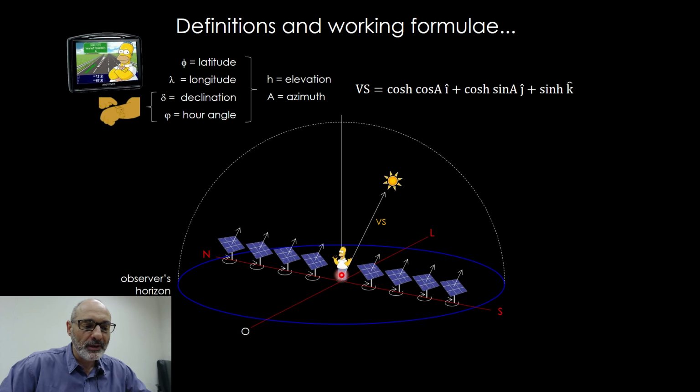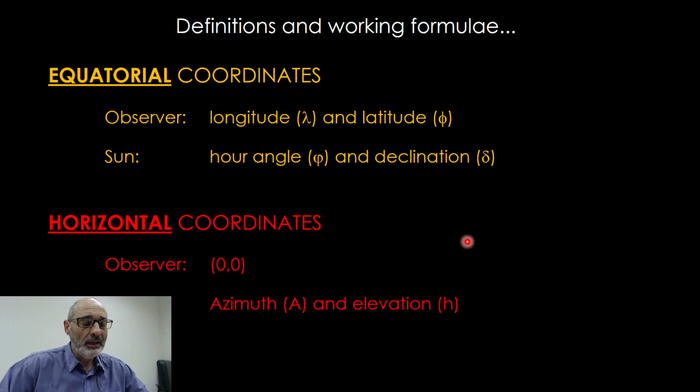So from a practical point of view, with an antenna, you get a GPS signal, you get all these variables: latitude, longitude, declination, and hour angle, okay? And with these variables, you can calculate elevation and azimuth. I'm going to show you how in a moment. And with elevation and azimuth, you calculate the solar vector, and you use this to correct the position of these reflectors, okay? So you can do this.